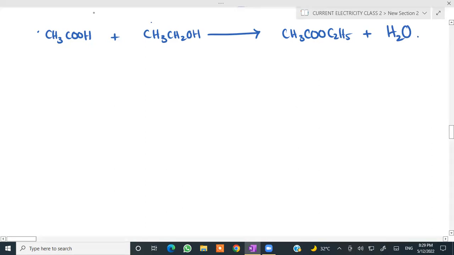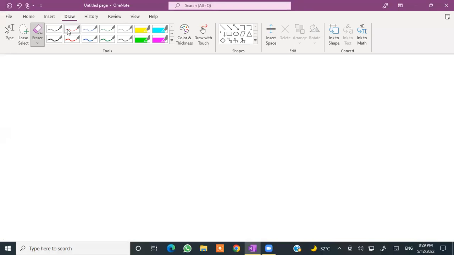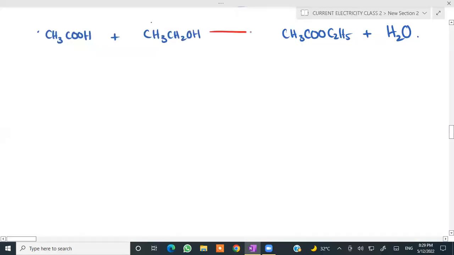This reaction is actually a reversible reaction. Formation of esters का जो reaction होता है जिसको esterification या condensation कहते हैं, it's a reversible reaction. ठीक है, and the conditions are concentrated acid and heating is required as well.